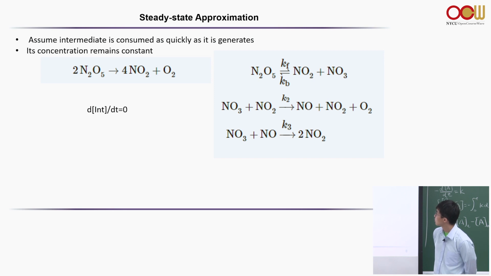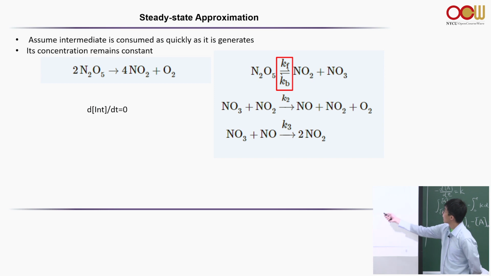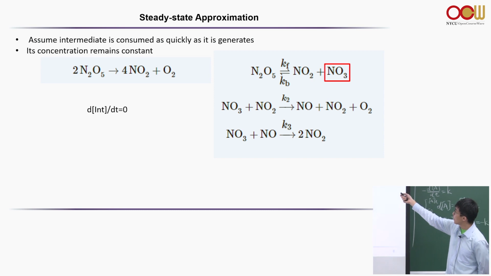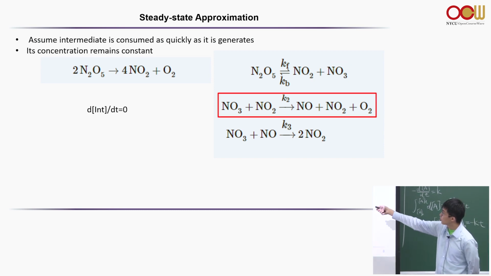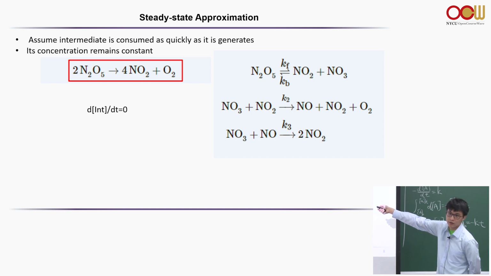So first, there's a forward reaction and backward reaction that give you NO2 and NO3, right? So this is very common. And once the NO3 is formed, it can keep reacting with NO2 to form NO2, NO, and oxygen. But if you look at this final rate law, it doesn't have NO in it, right?